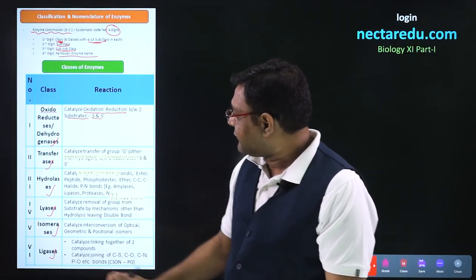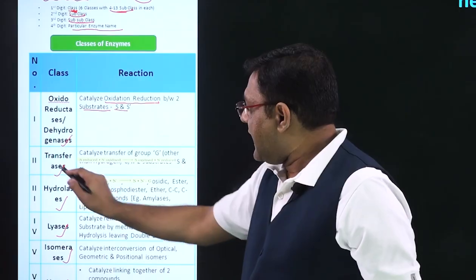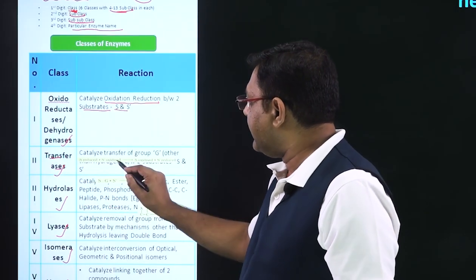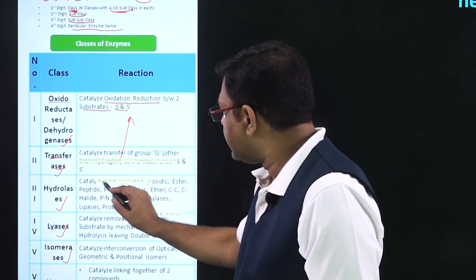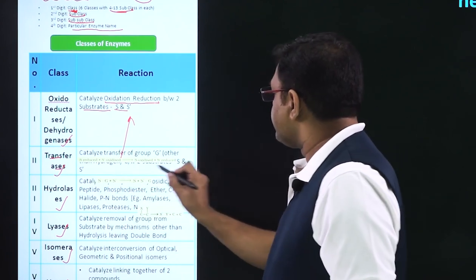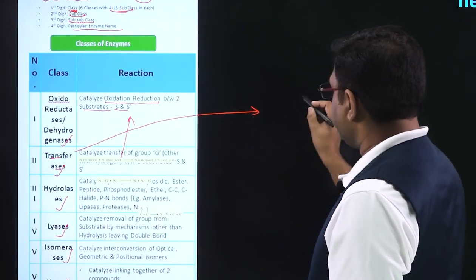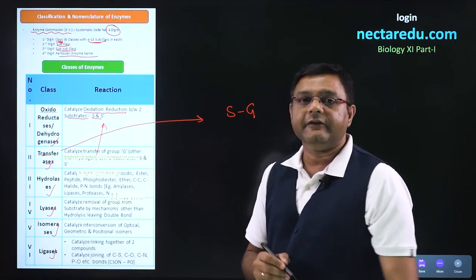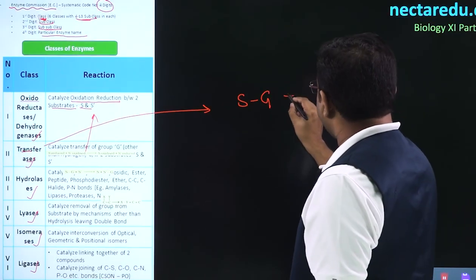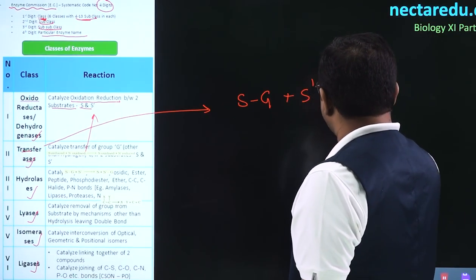Talking about the second class, the transferases, as the name says, these will transfer a group. For example, there is a substrate S which has a group G attached to it. There is another substrate, S dash.